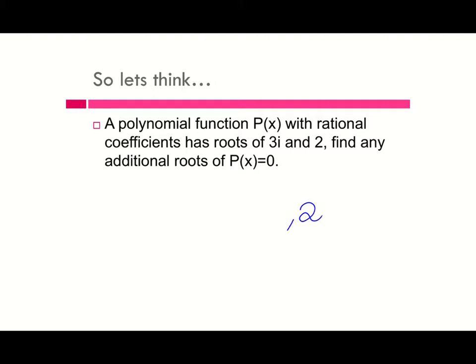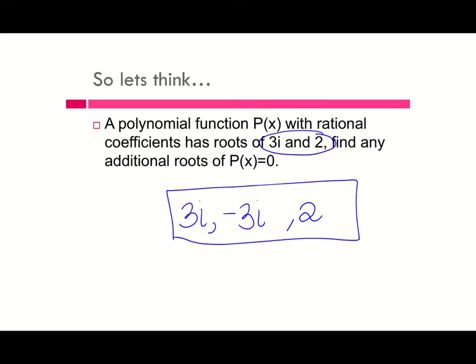But if we have 3i, that means we also have to have negative 3i, based on our complex conjugate theorem. They always come in pairs. So if we have the positive, we also have to have the negative. So even though here we're given 3i and 2, this is actually degree 3, and it has 3 roots.